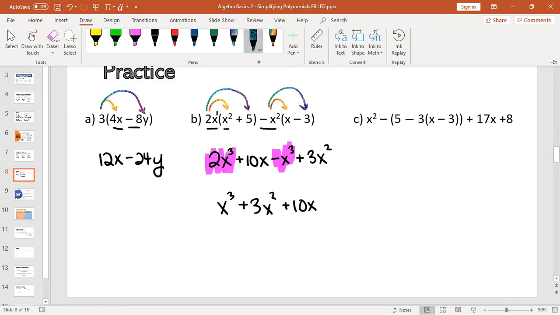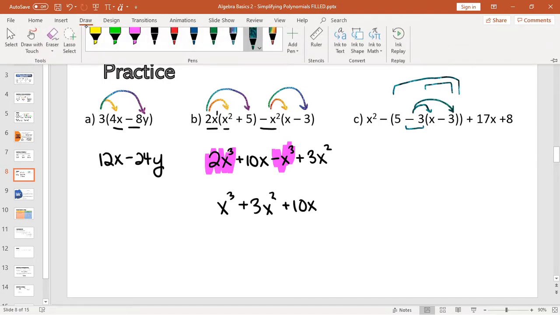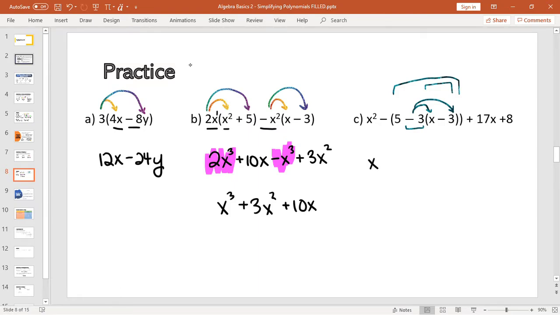Okay, C. Let's switch a color here. So I've got a lot of brackets. I've got brackets within brackets. So I'm going to deal with these inner brackets. I'm going to take this negative 3 and I'm going to distribute it into those middle brackets. And I won't touch anything else yet. So I just rewrite the x squared. I rewrite the subtraction.